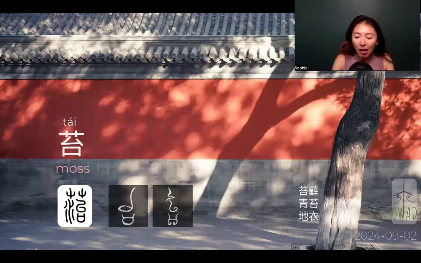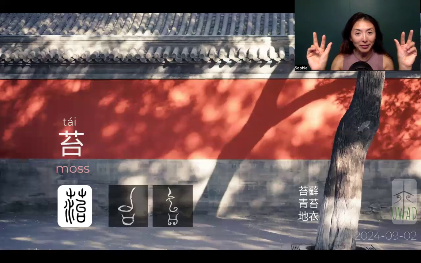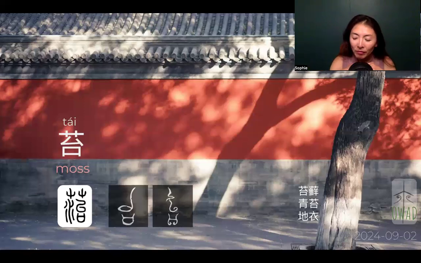So that platform or flat surface, which came in this rectangular shape, 台, then means a type of elevated surface. And paired with the plant symbol, I would imagine this shows a plant that grew on top of a surface.